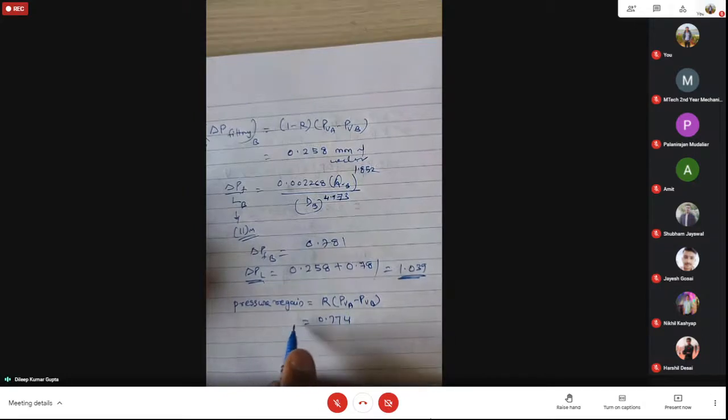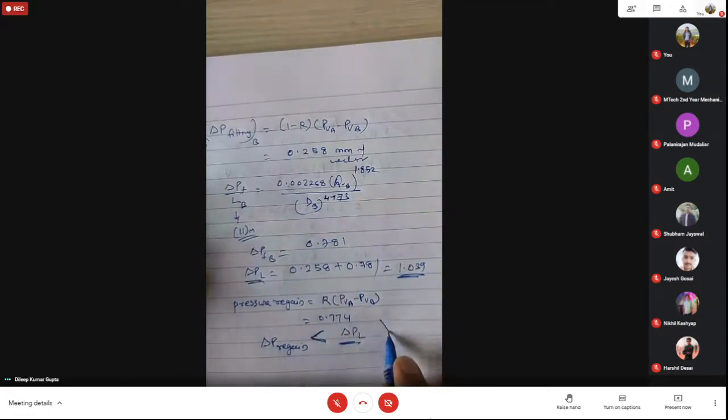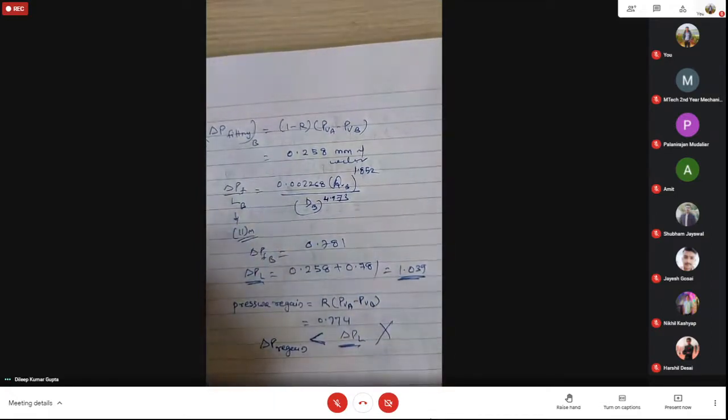And if you check the value of delta P regain and compare with the delta P of losses, if the value of regain is less than the losses, this is not acceptable. In this case, we are getting the losses higher than the regain value. Then we have to change the diameter and we'll try to increase the regain.